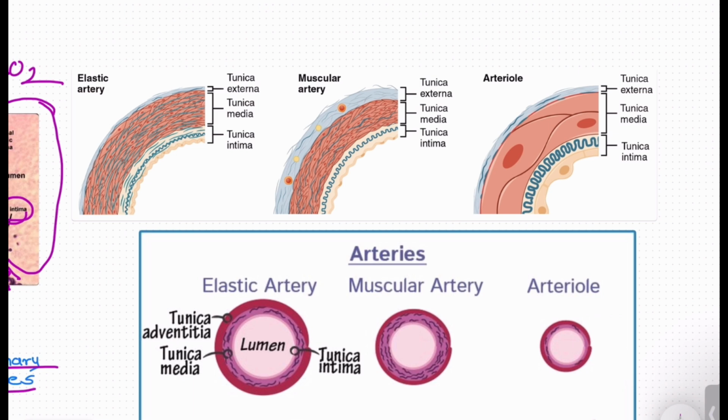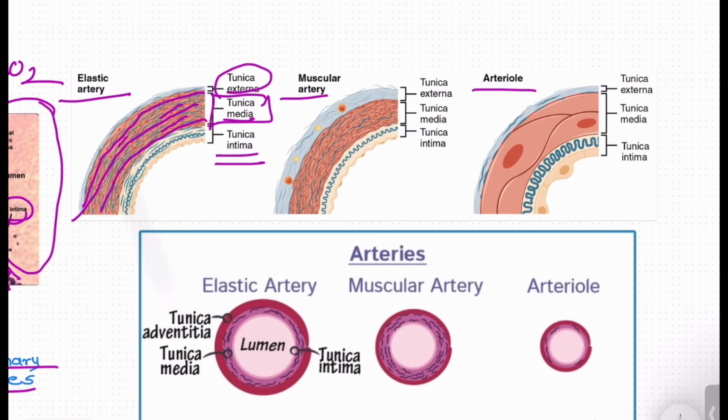Now let's compare what we learned: elastic artery, muscular artery and arterioles. Now see, in elastic artery there is tunica intima, then media and then externa. The size of tunica media is larger in elastic artery and there is more elastic tissue as compared to muscular artery.